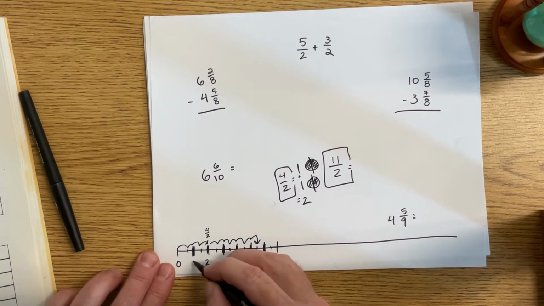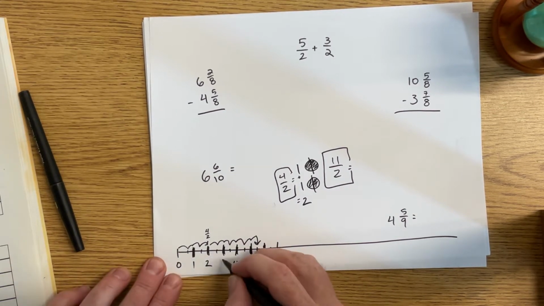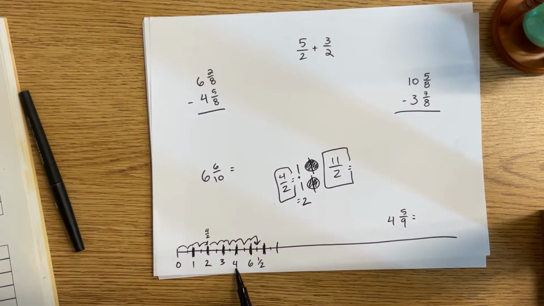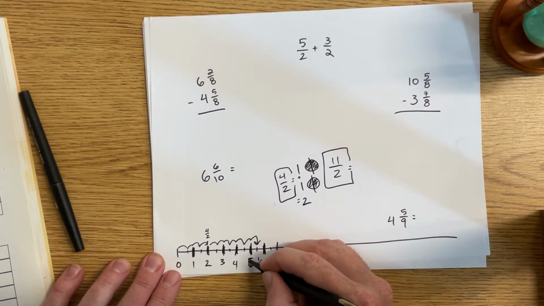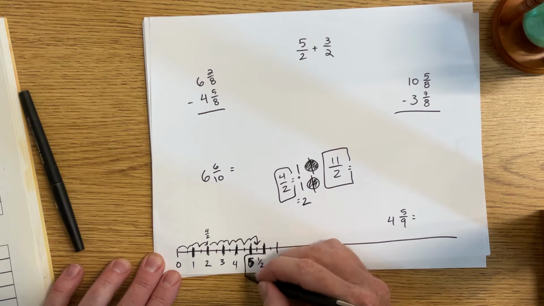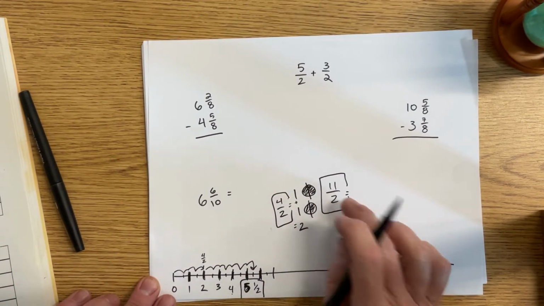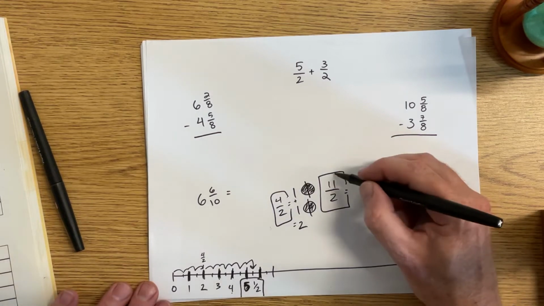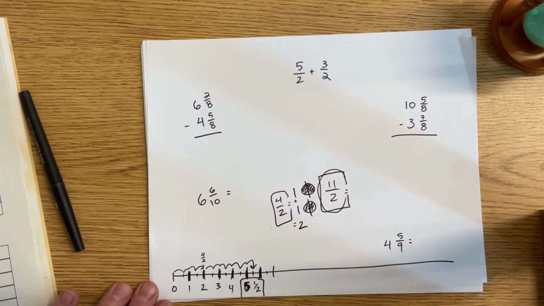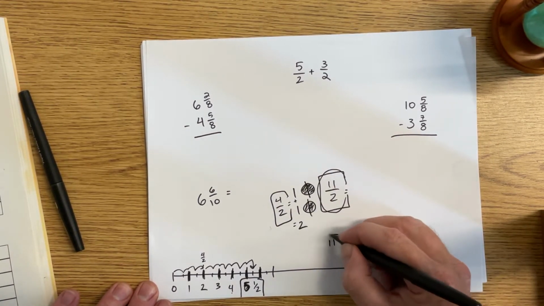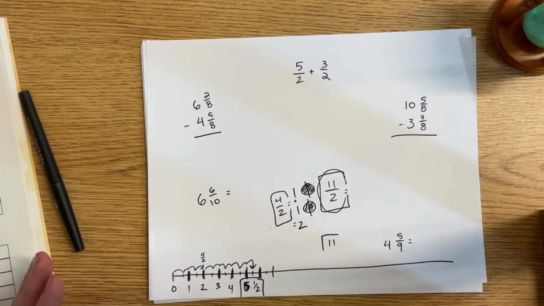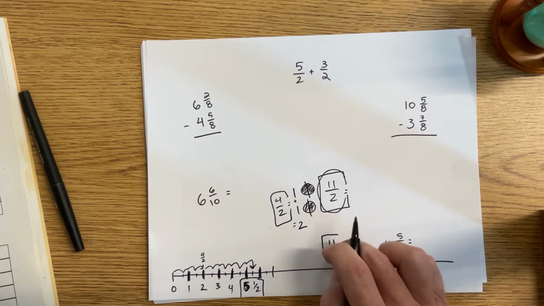That's 1. That's 2. That's 3. That's 4. What is that? This is what that is. 5 and 1 half. But another way to do this is anytime you see a numerator, if your numerator is 11, it's also your dividend.